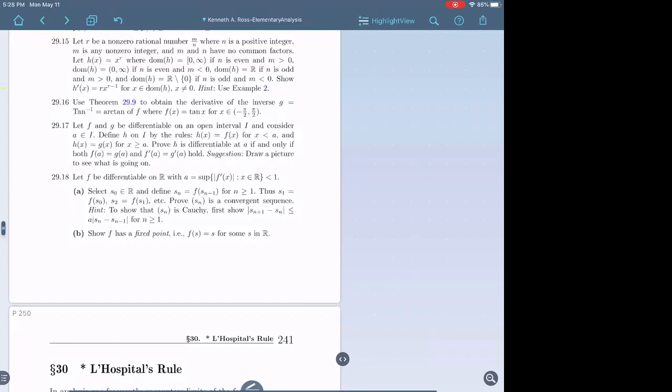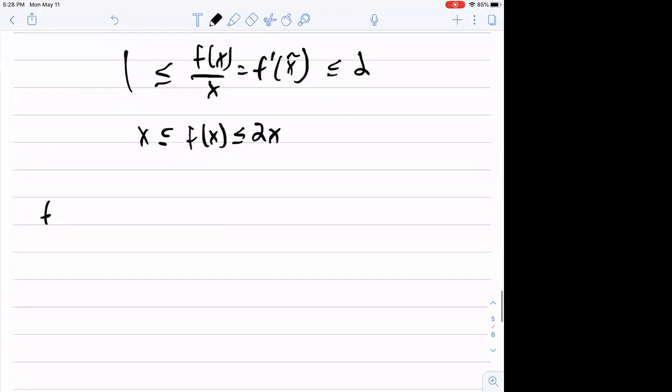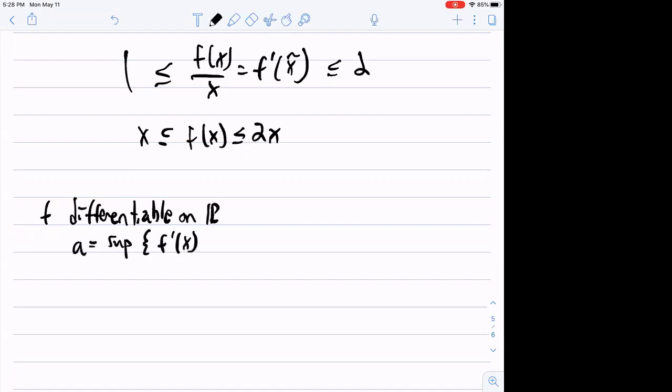So, f differentiable on R, and A equals the sup of |f prime of x| over R, less than 1.